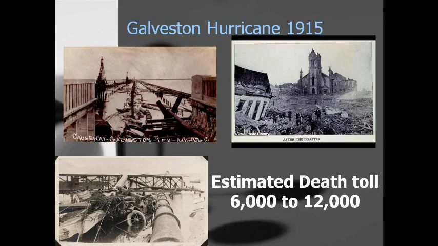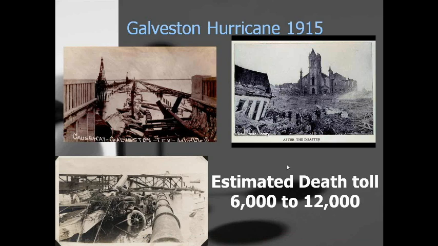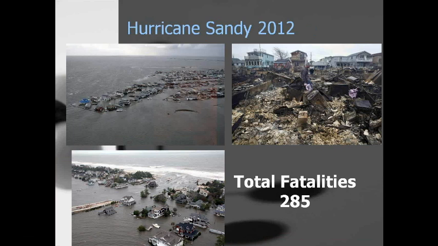But the key thing of this Galveston hurricane was the estimated death toll. They estimate that between 6,000 and 12,000 people perished as a result of that hurricane. And to this day, that hurricane is the all-time deadliest hurricane to hit the United States since we've been recording these things.